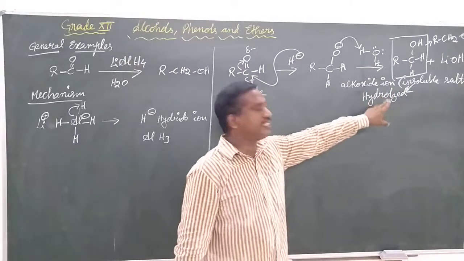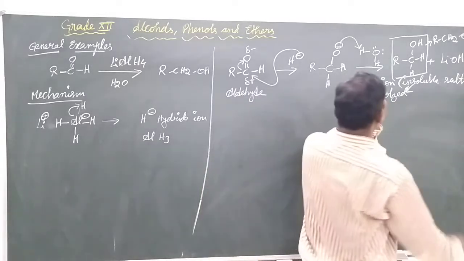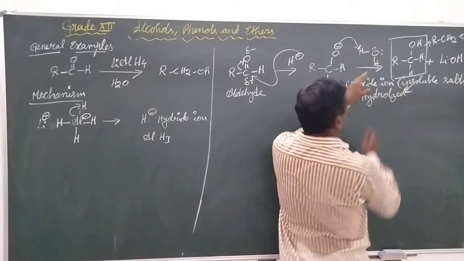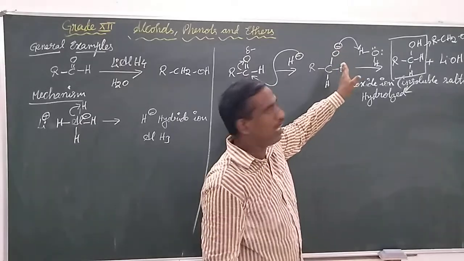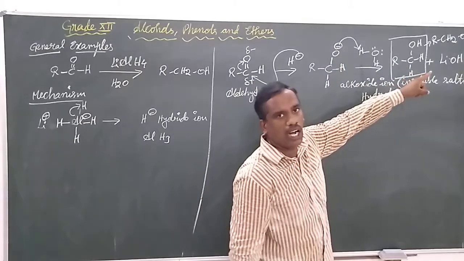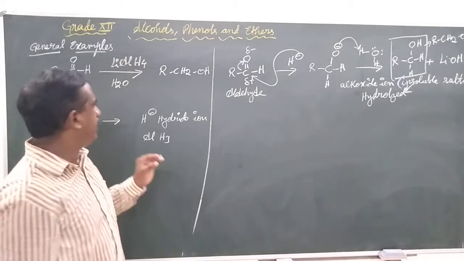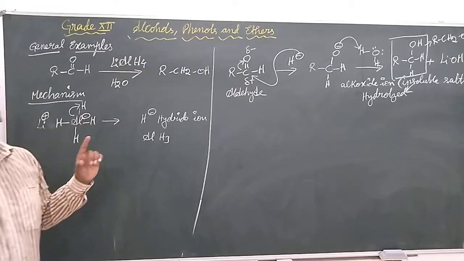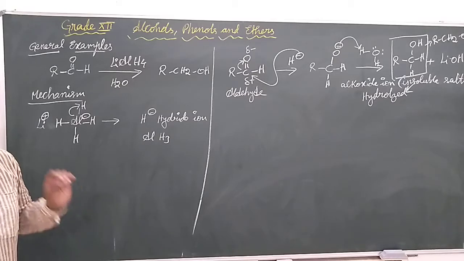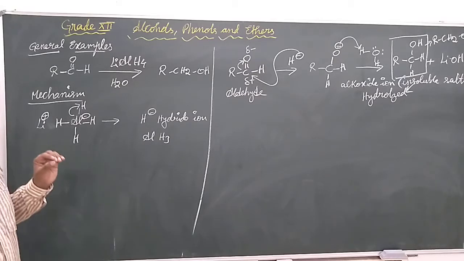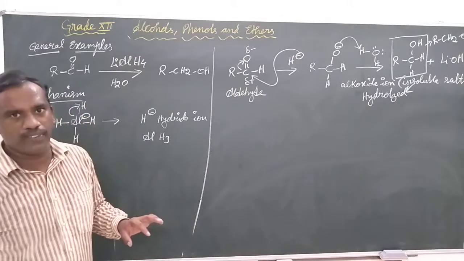In order to hydrolyze it, we add water. From this, we protonate the alkoxide into alcohol. The same mechanism applies with sodium borohydride also. But the only change is we use methanol in place of water at the last step.